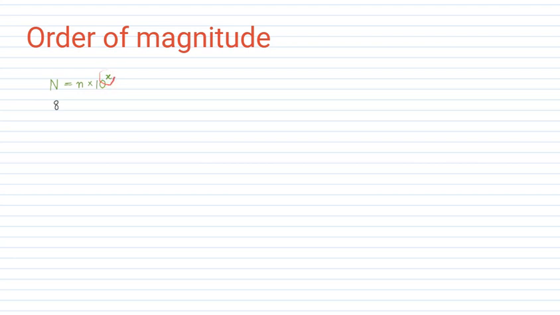And the value of this small n should always lie between 0.5 and 5. So this is the basic way to write the order of magnitude. It will be more clear if we take the help of examples.